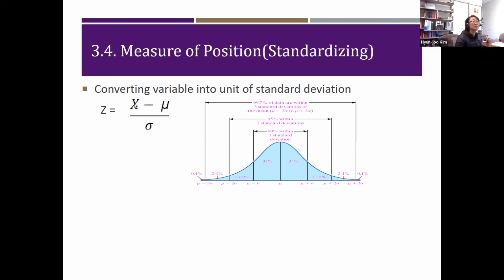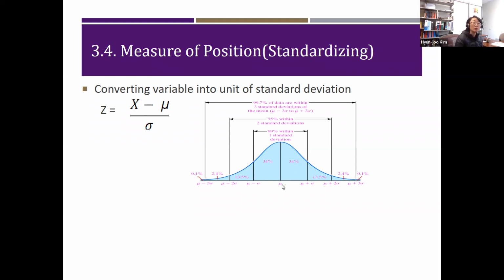Your original X becomes a Z value, a Z score. What it means is it scales the value so that it is easy to look at. That's all it does.